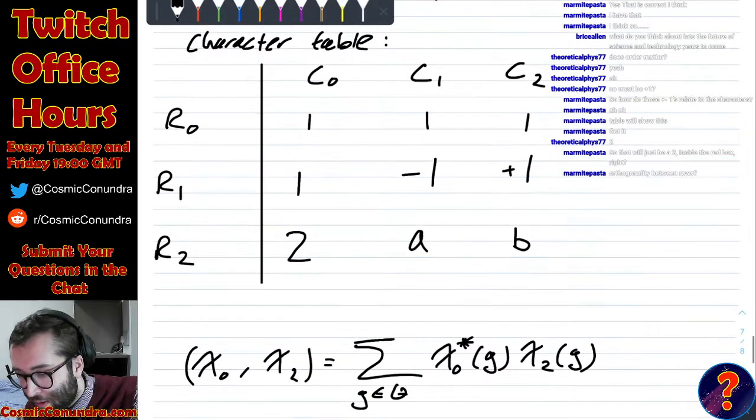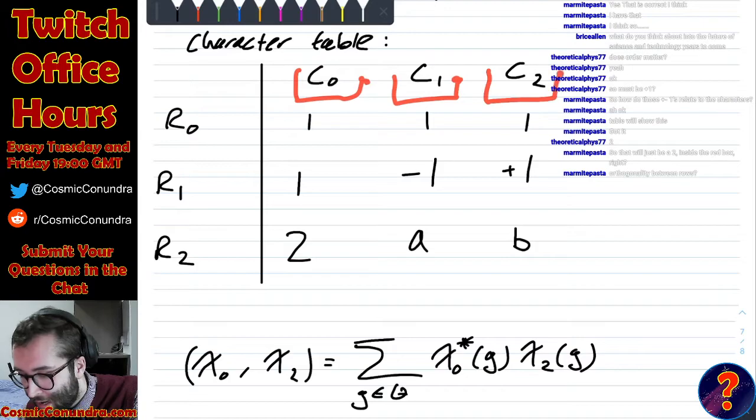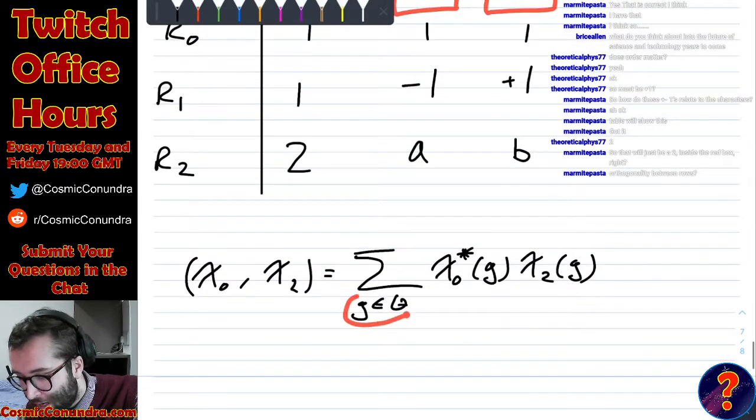Okay, so we're not just multiplying the rows. We have to be careful of the fact that this class here has one group element in. This class here has three group elements in, and this class here has two group elements in, because this is a sum over all of the group elements.